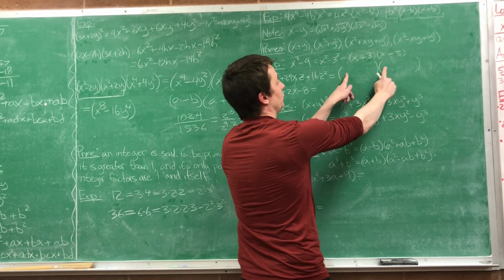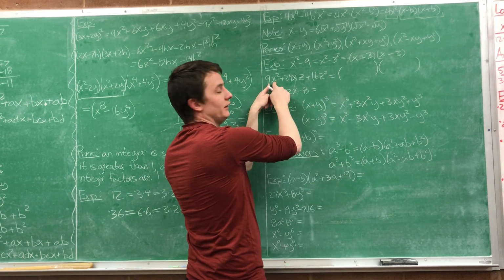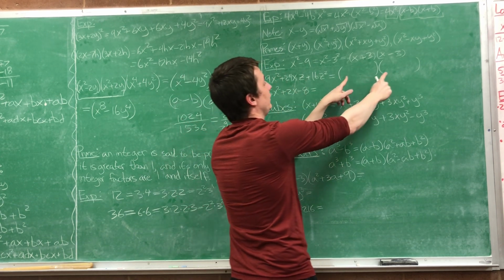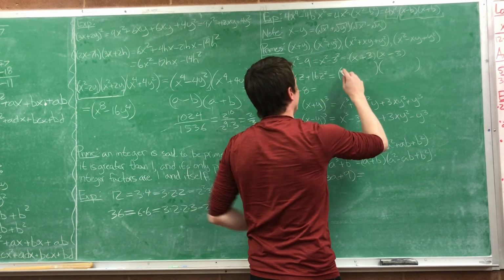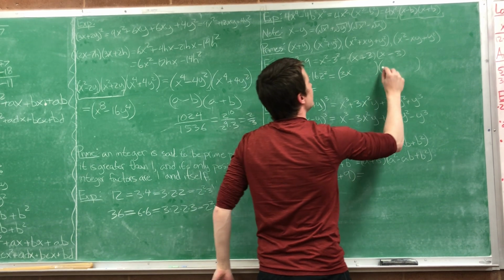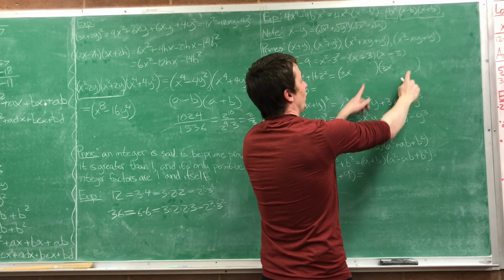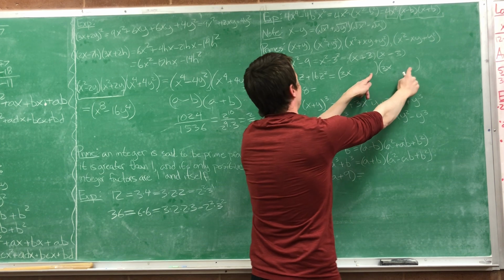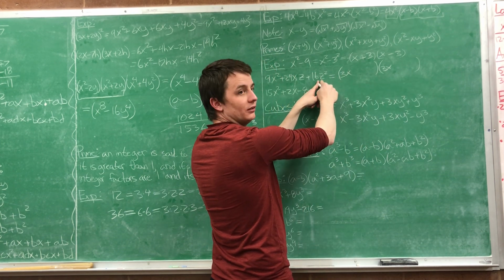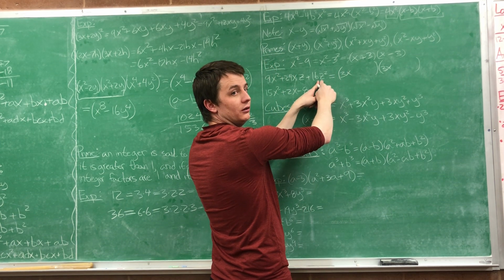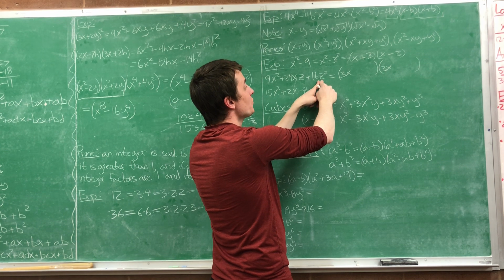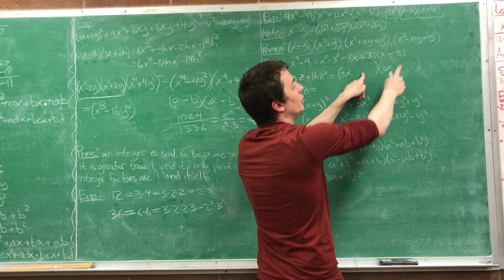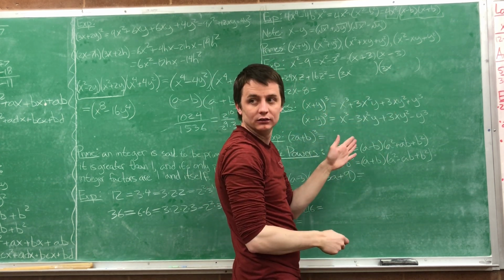I know that this term times this term has to give me 9x squared. So what do we think these terms could be? 3x. And then whatever terms I put here, when I multiply them together, they have to give me this. 4z. So it could be 4z, or it could be like a 2 and an 8, right?